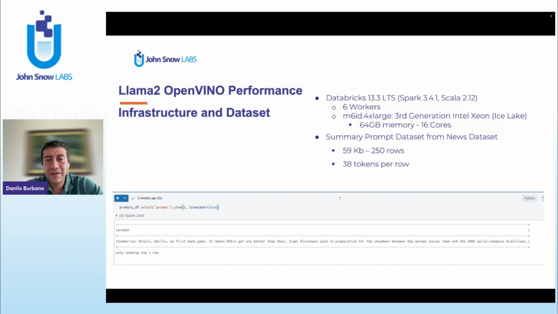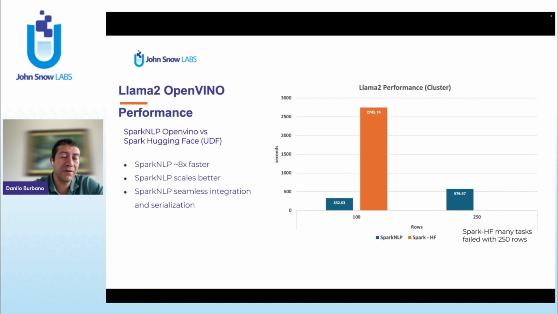For this experiment, I used 6 workers with 64 gigabytes memory and 16 cores per instance, right? We ran this on the same news dataset that you saw before for the semantic search, and the Llama 2 OpenVINO performance, and we can see here the results.